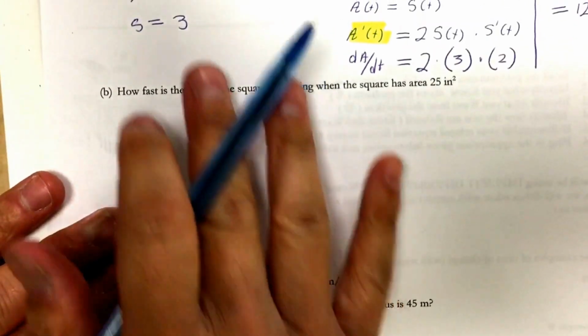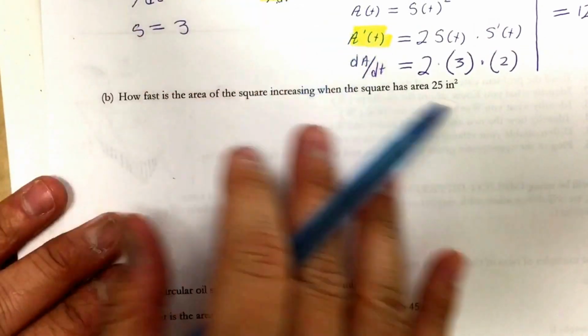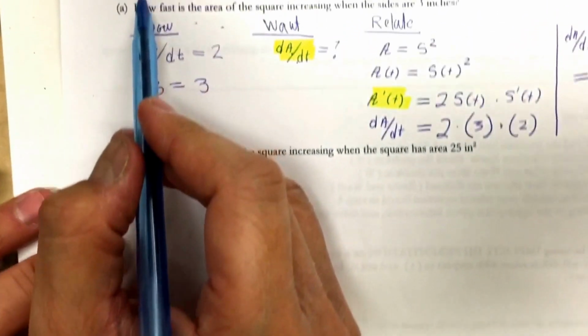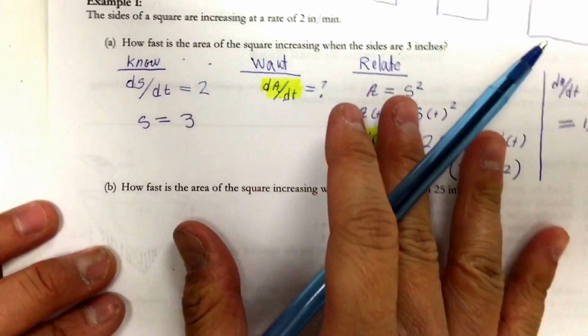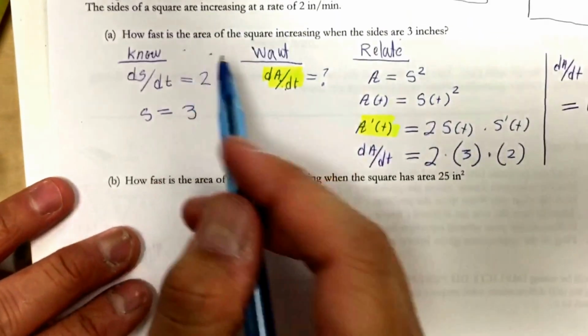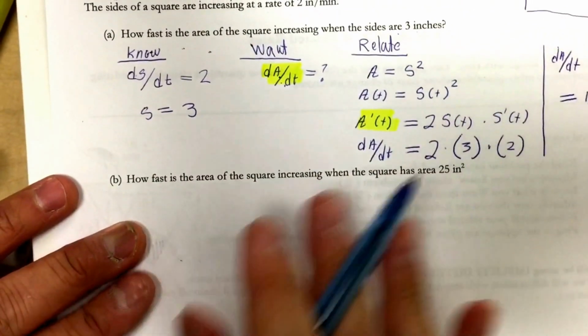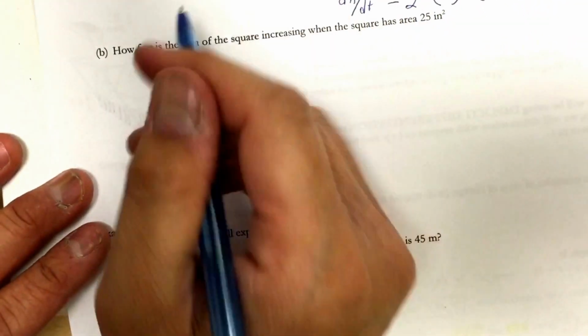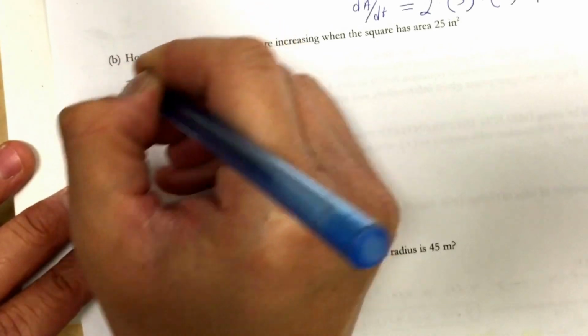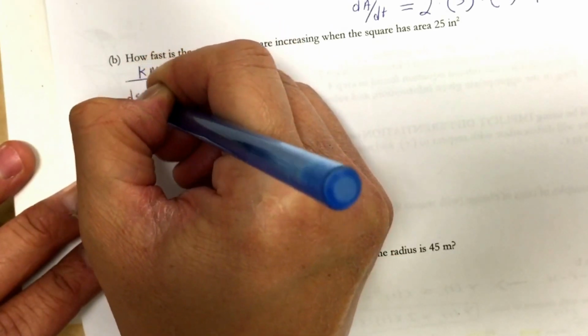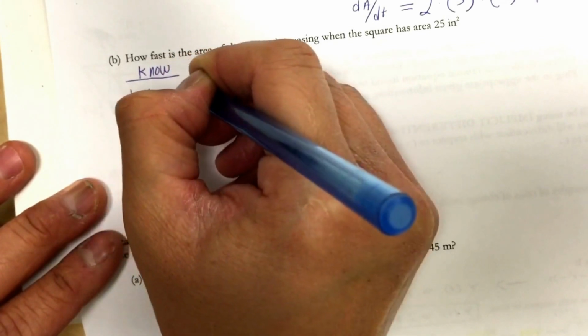Here is the second part of the first problem, using similar data, using this first data here. This is the first information that we know. The side of a square is increasing at 2 inches per minute. That's what we know. The change in the side with respect to the change in time.